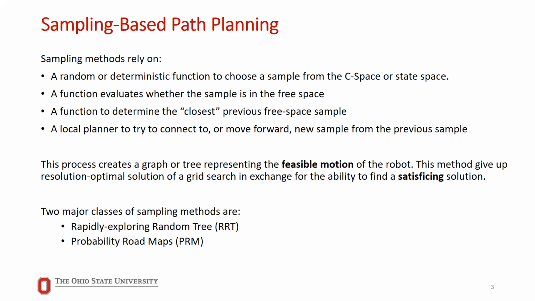One of the properties of this method is that it will find all the feasible motion, all the feasible paths from the initial state to the goal, but it doesn't necessarily find the optimal path.